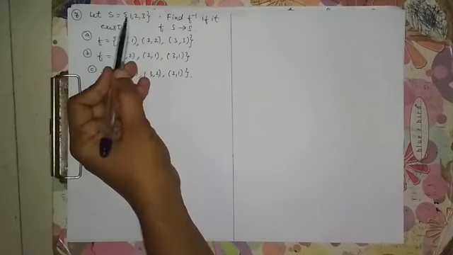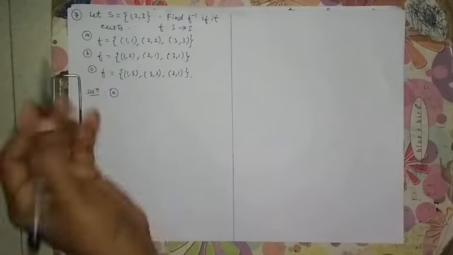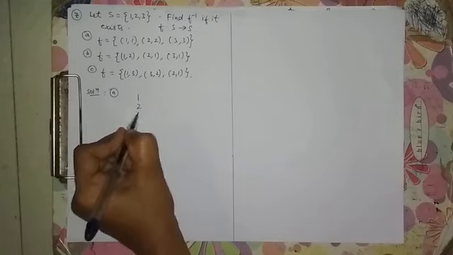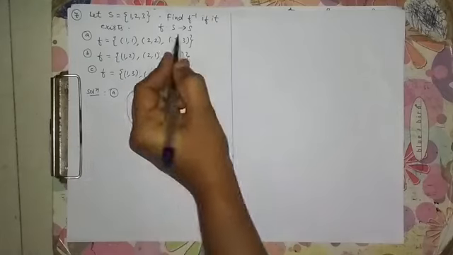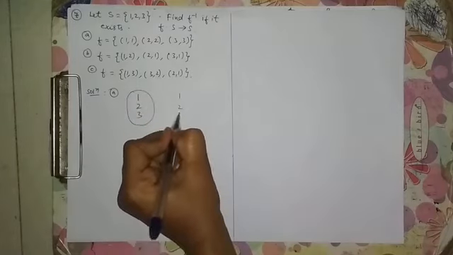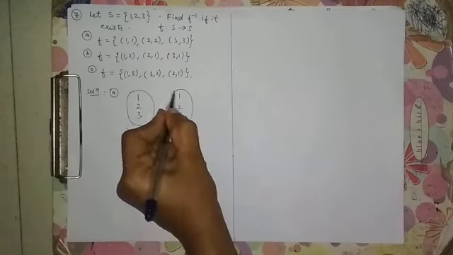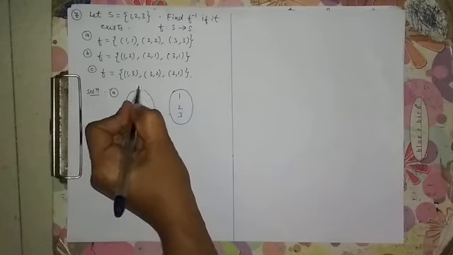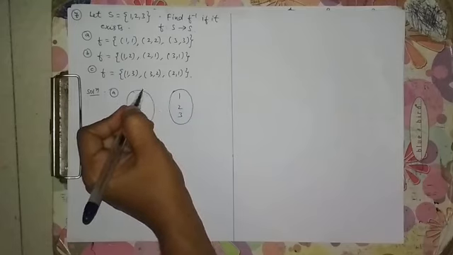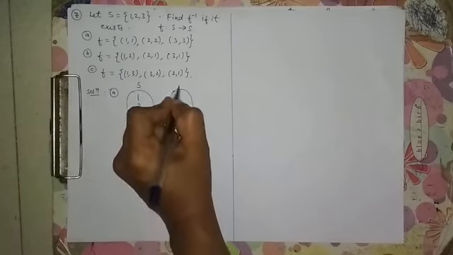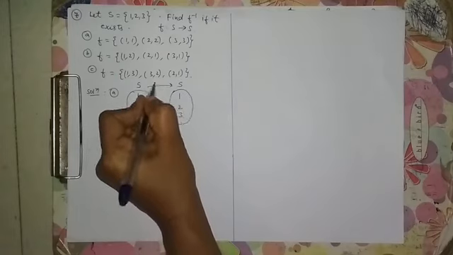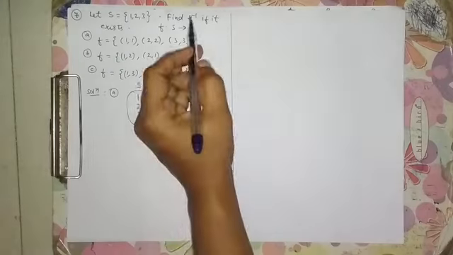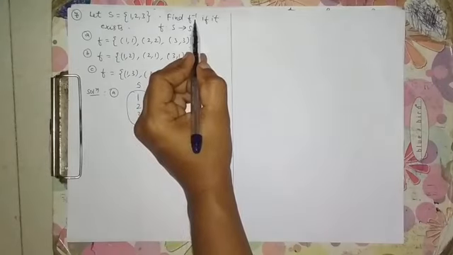So S has the elements 1, 2, 3, and F is a function from S to S. For F inverse to exist, F should be invertible.